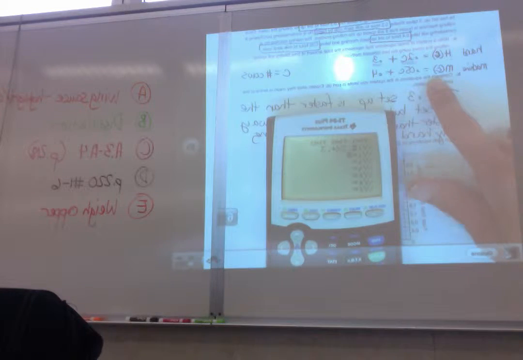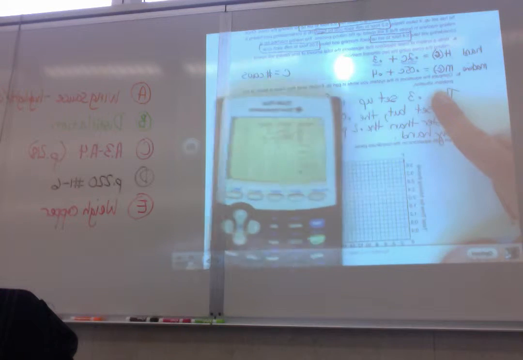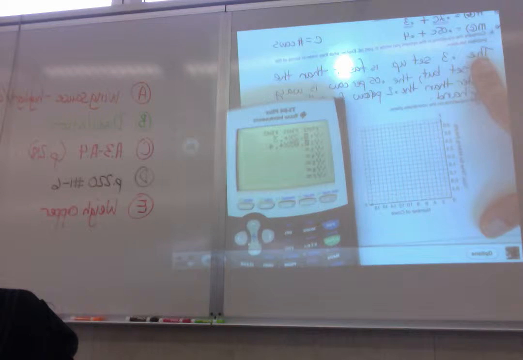In the bottom equation, plus 0.4. Okay, you good? Now we're going to look at our graph and set our windows.